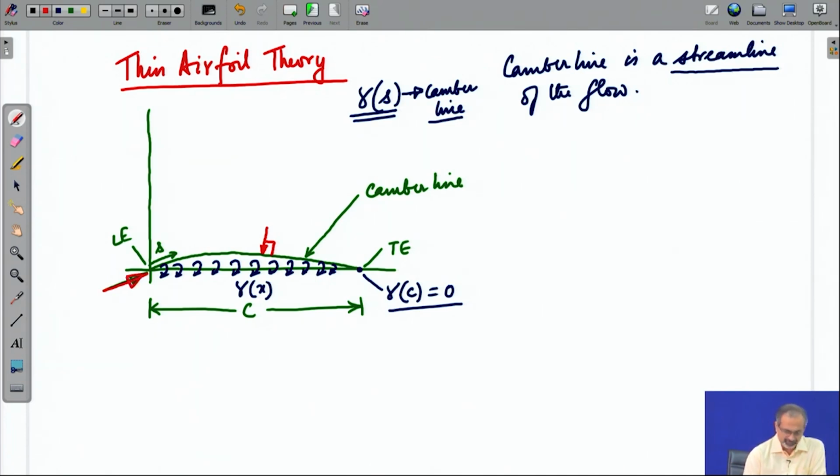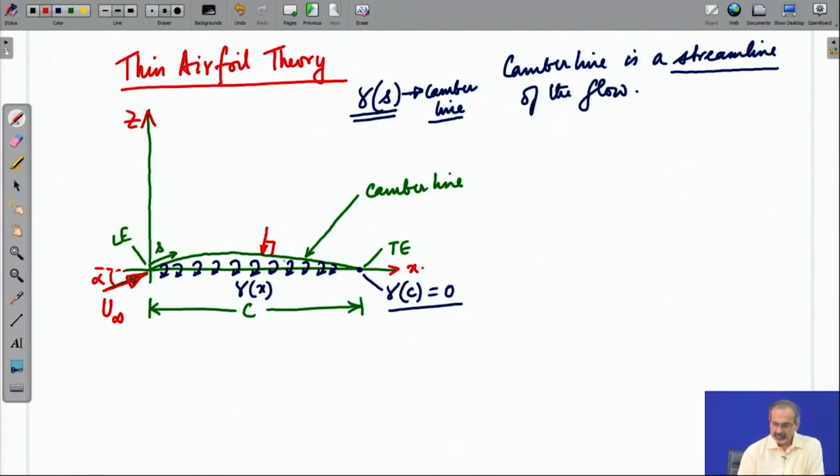We should not forget the free stream, which is coming from this side. So, it is a combined effect of the u infinity coming in at alpha and the w component of velocity, because we are marking this as z, which is acting by virtue of the vortex sheet.